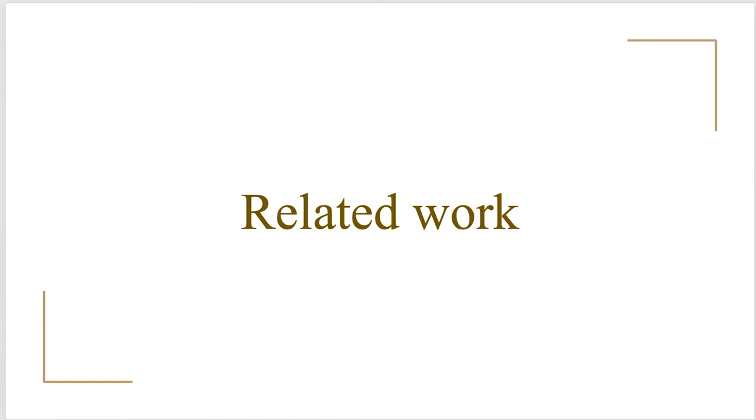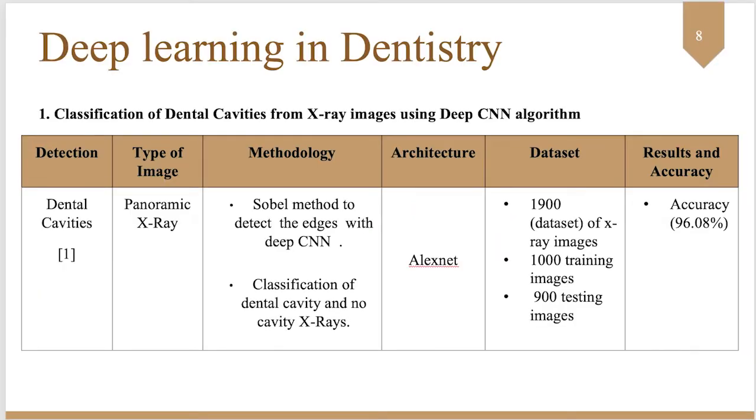A closely related work to ours had the title Classification of Dental Cavities from X-ray Images using Deep CNN algorithm. The aim was to detect dental cavities. The type of X-ray was panoramic X-ray. The methodology was the use of the SOPL method to detect the edges with Deep CNN.